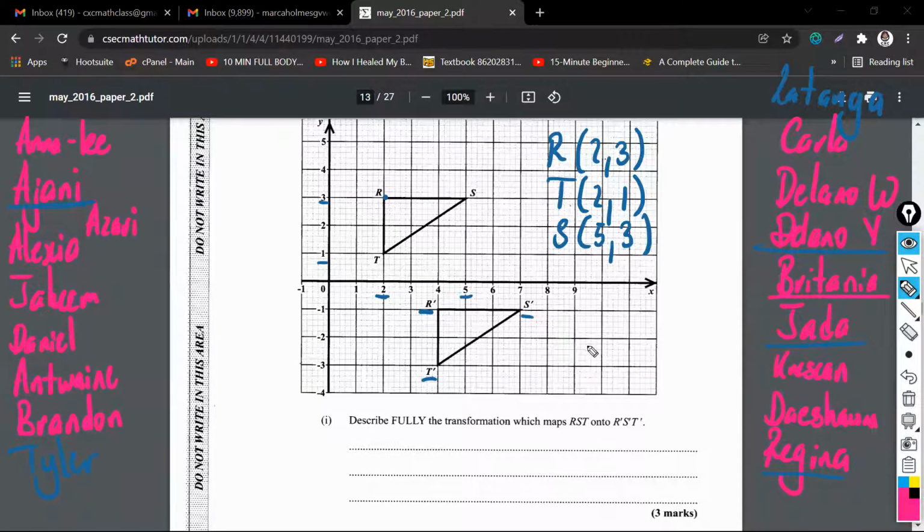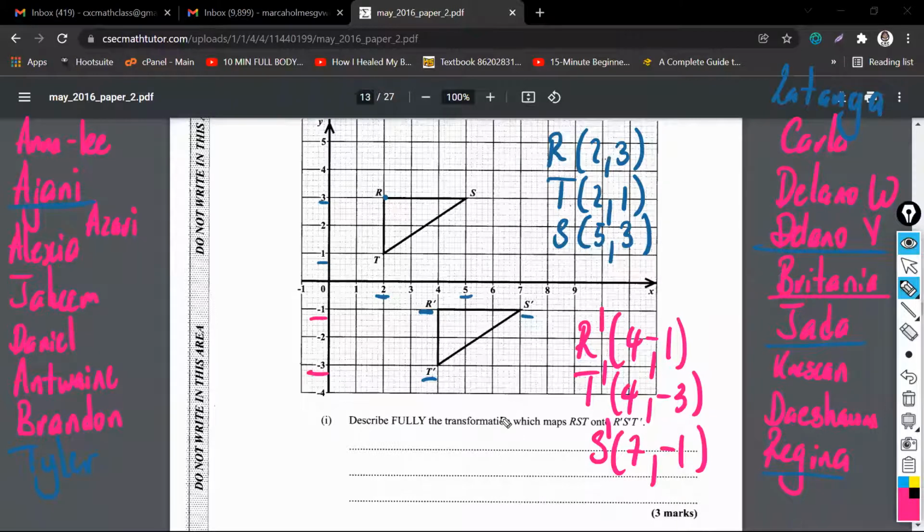Let's make those pink though. R prime is 4 for the x-axis, minus 1 for the y-axis. T prime is 4 for the x-axis, minus 3 for the y-axis. And S prime is 7 for the x-axis and minus 1 for the y-axis, right?